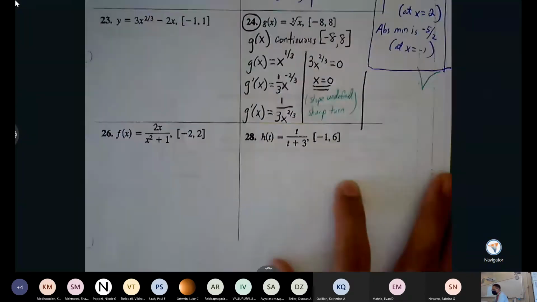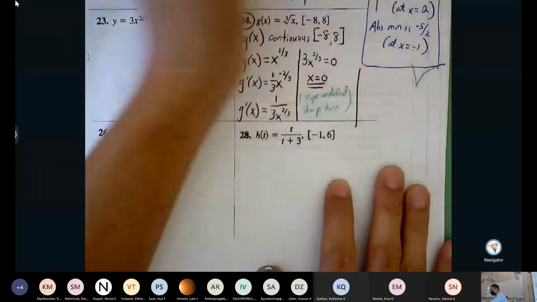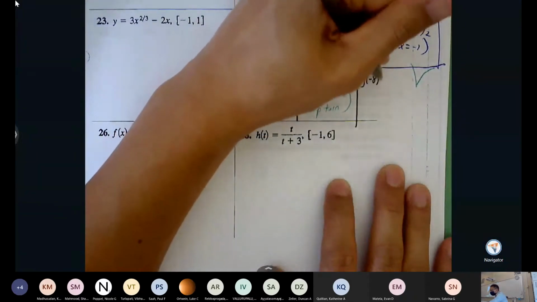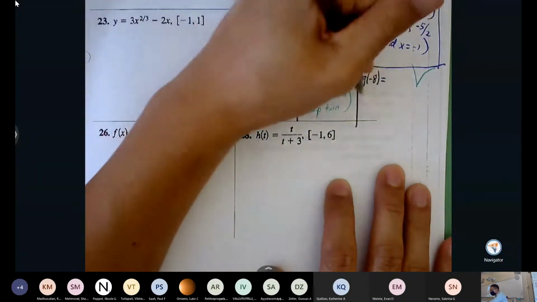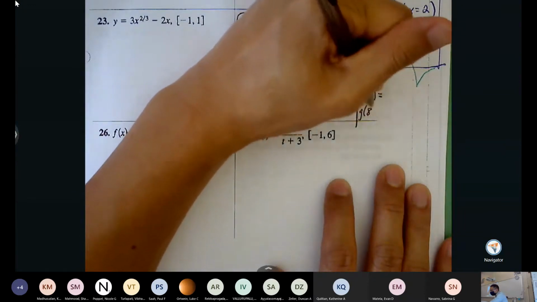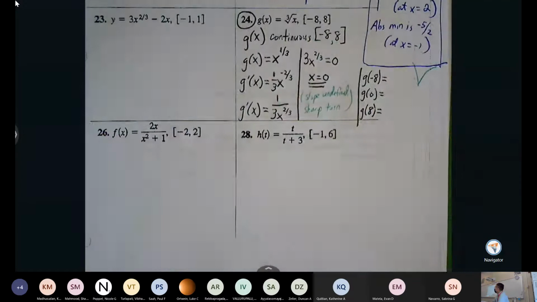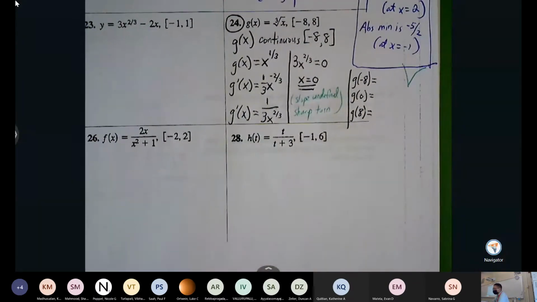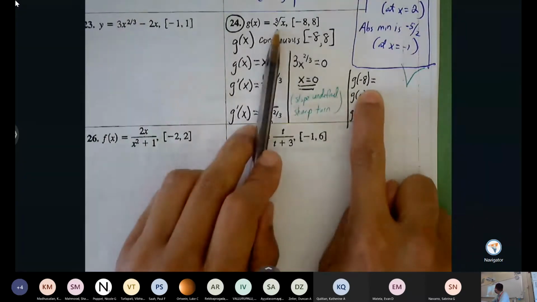Okay, so they all go into the original function. All right, so -8 goes into the original function here.